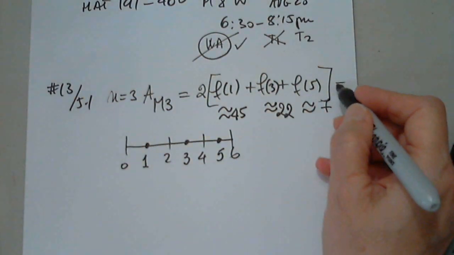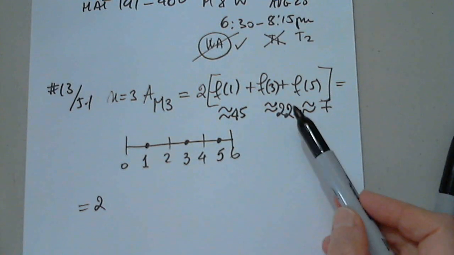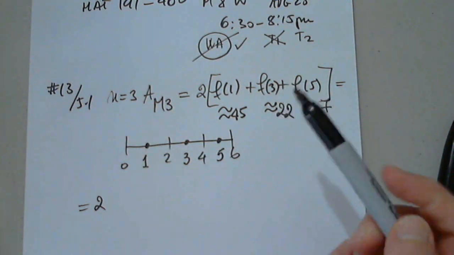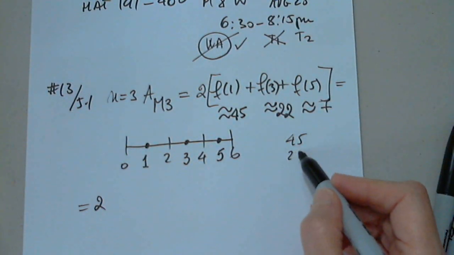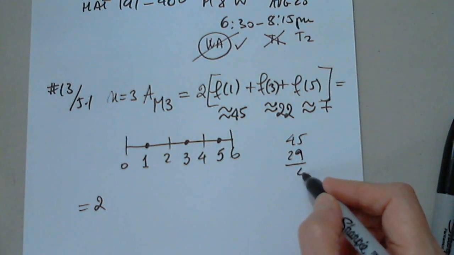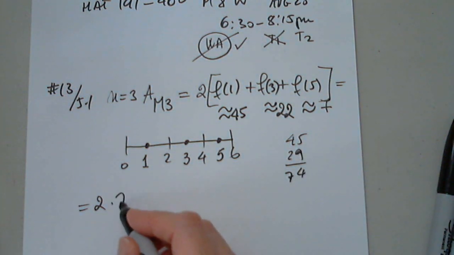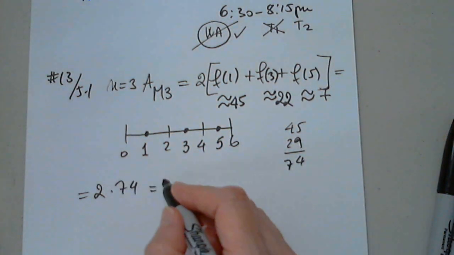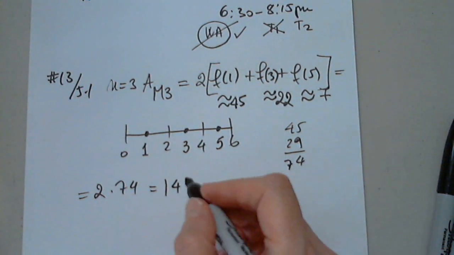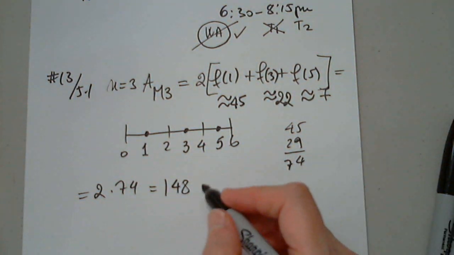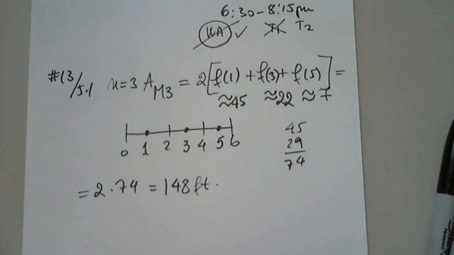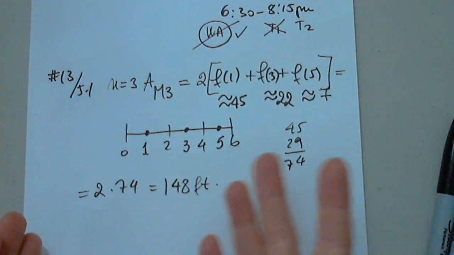So at this point, all I have to do is add these up. So 45, and this is 29, right? So I have 74. So 148. And this is in feet. That's my estimate.